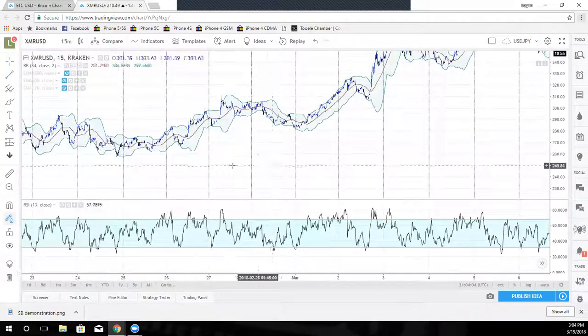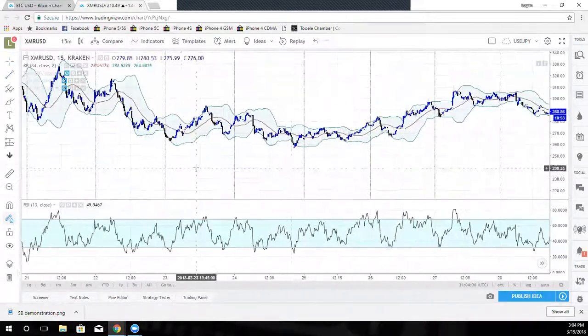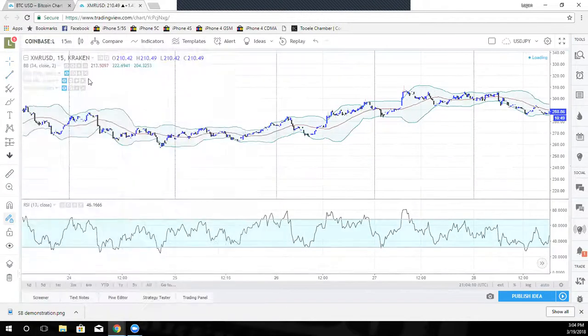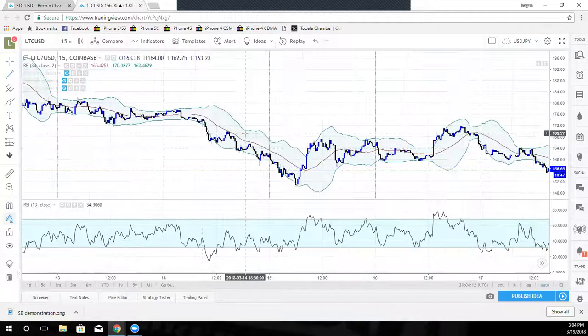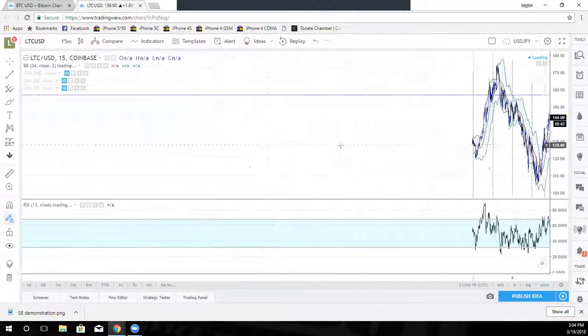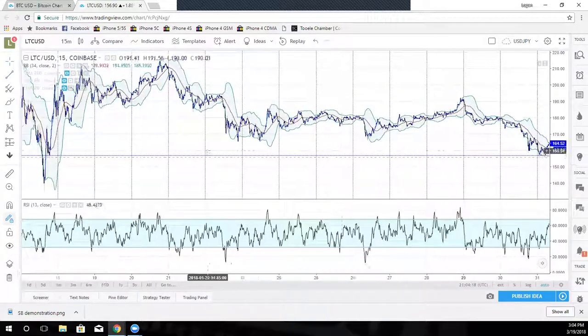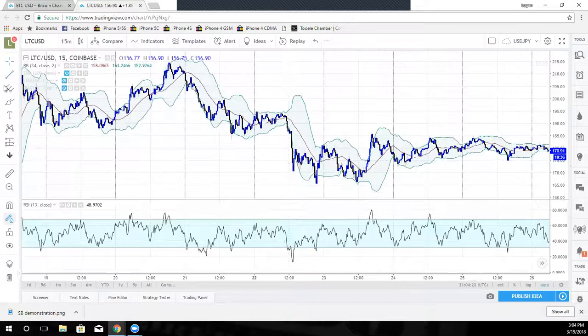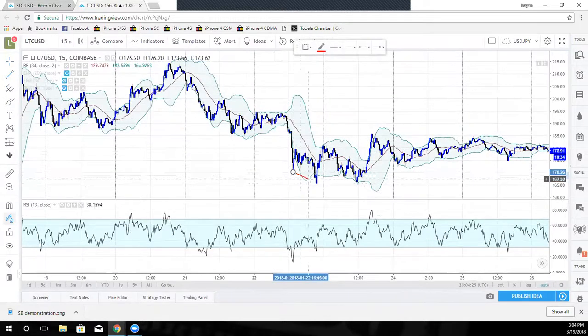What else do we have? Let's look at Litecoin. Let's go way back. We don't want to do anything now. This is all on the 15-minute chart. Ah, here we go. Perfect. Look at that.